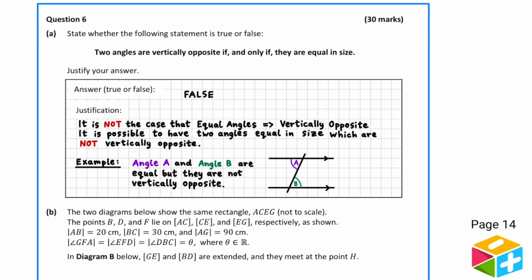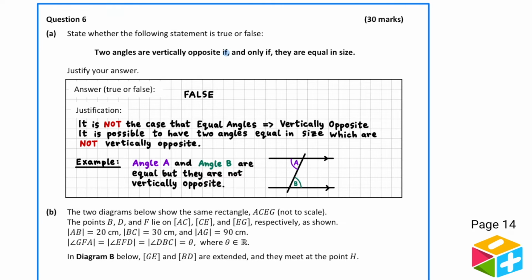In question 6a, we're given a statement and we must determine whether it's true or false. The statement is, 2 angles are vertically opposite if and only if they are equal in size.